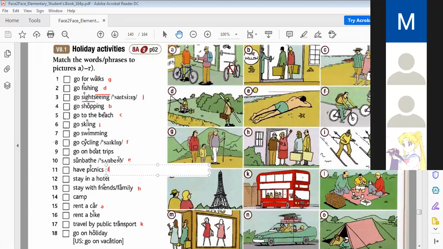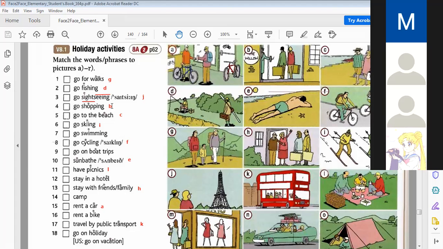Correct. What about M? What's this? Shopping. But we did shopping for B, right? Because we answered shopping for photo B. Stay in a hotel.